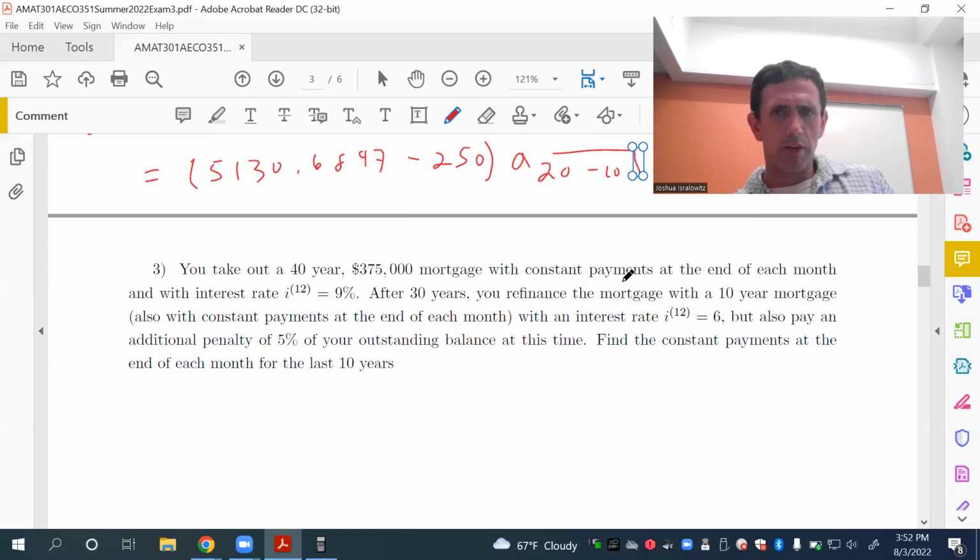Yeah, so let's do it. And I was a little surprised. I would think going from 9% to 6% would make the payments a lot less. I know there's a 5% penalty, but still, with that penalty, I still assumed it would be smaller than the answer you get.